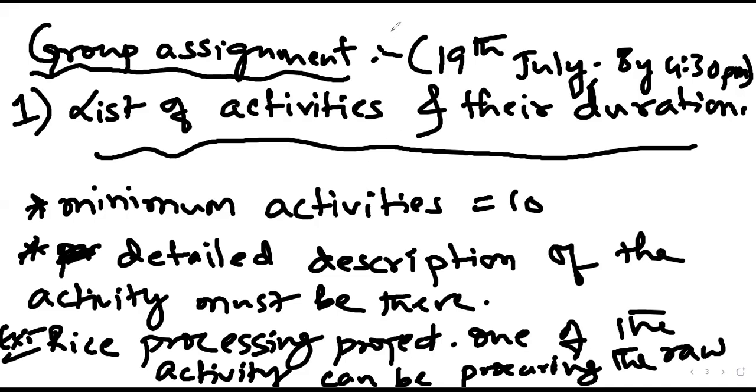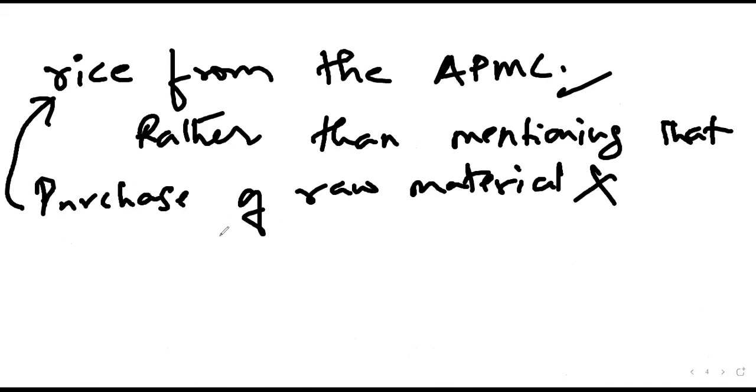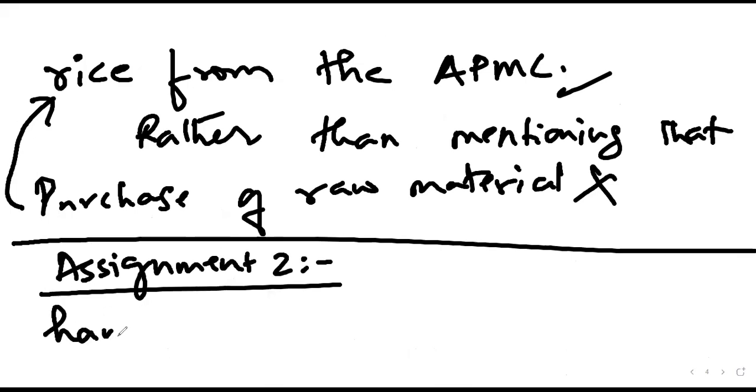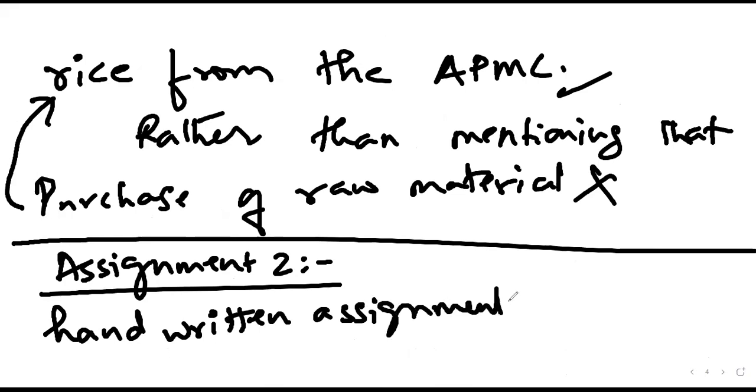All right, so this is one thing. The next thing is about the handwritten assignment, Assignment 2. I'm just recalling what I told in the beginning. This is an individual assignment, correct?